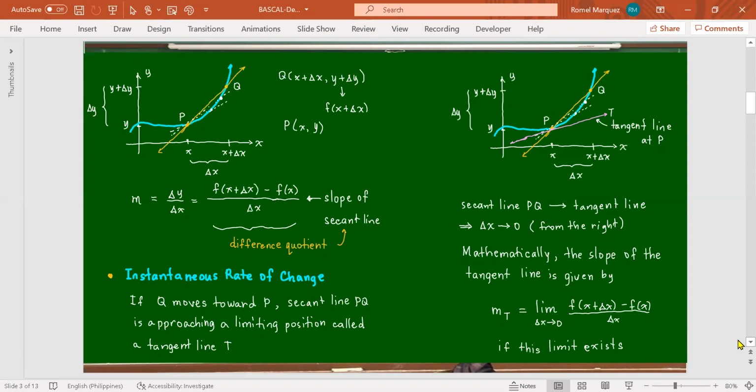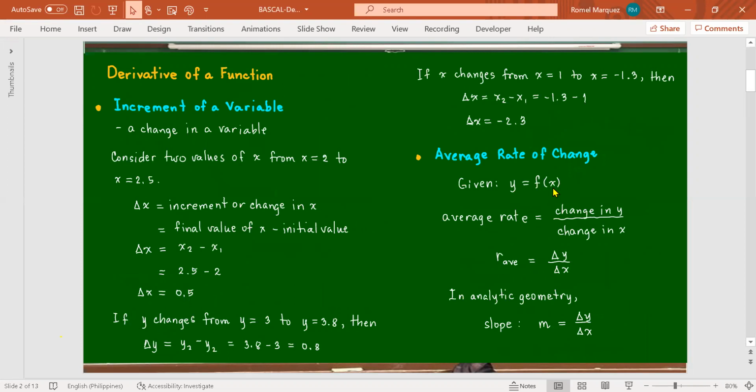But as I mentioned to you, rates of change do not only happen to x and y. Remember, our x and y here do not have fixed representations. x and y can represent many quantities.